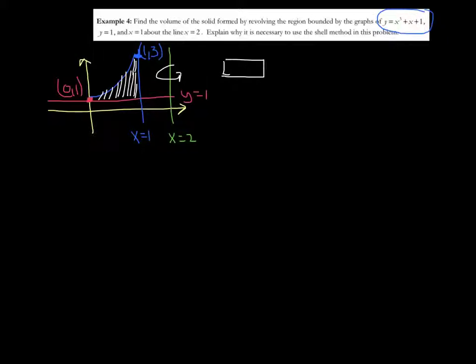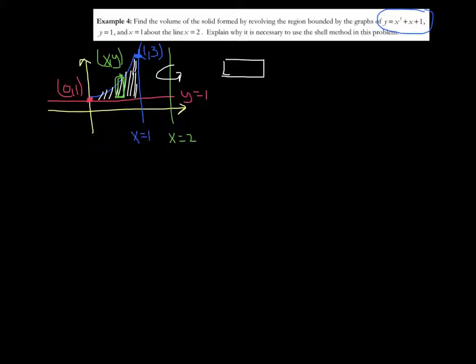So here's where the beauty of the shell method comes in. We're going to take a rectangle, and we're going to make it parallel to the line x equals 2. And we're going to call this point, once again, x, y. And so what is the radius?